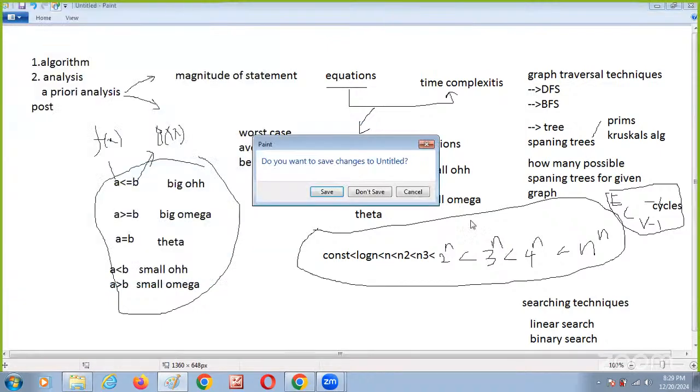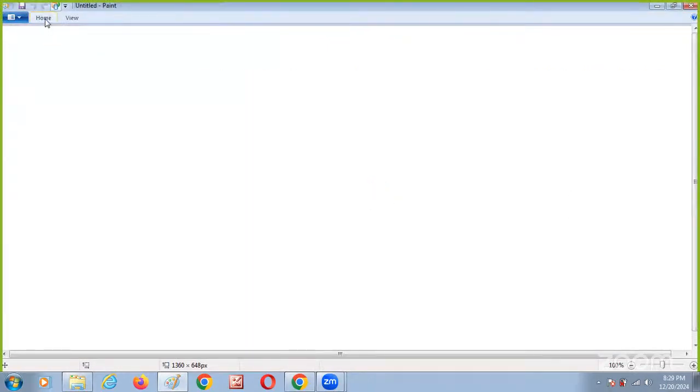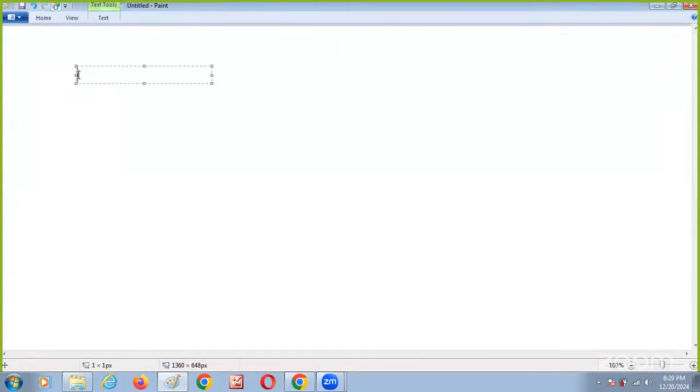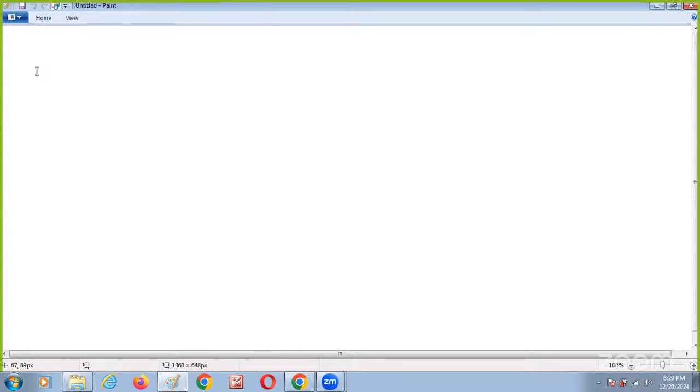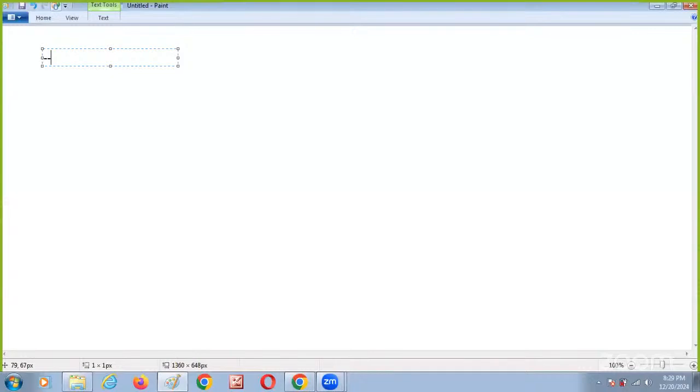The next category of questions that most of the times they ask is some of the sorting techniques. Some sorting techniques should be learned.